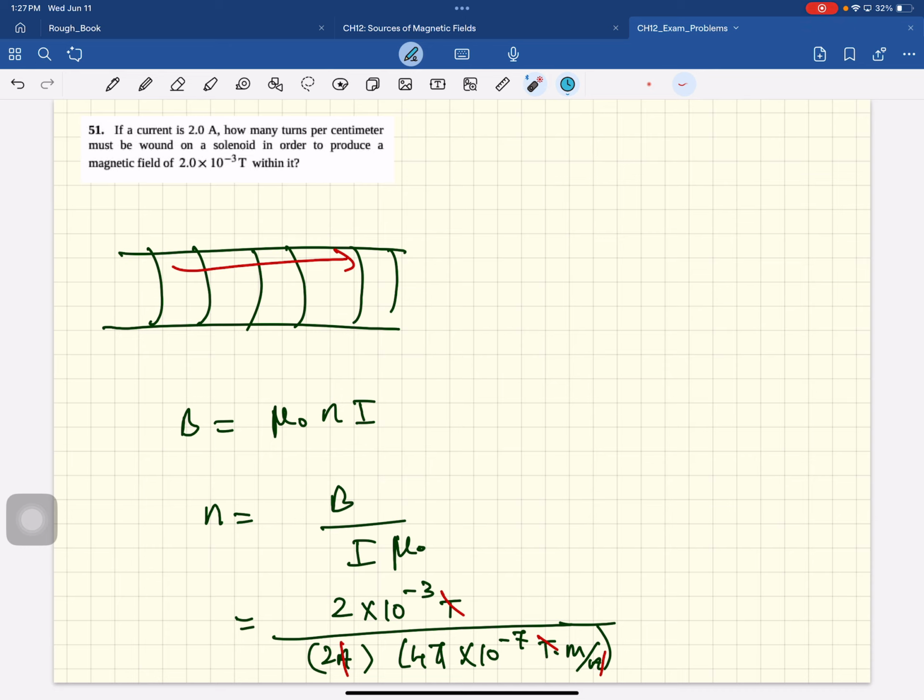Okay, the 2 cancels. So n is, and this becomes 10 to the 4. So 10 to the power of 4 divided by 4 pi per meter.